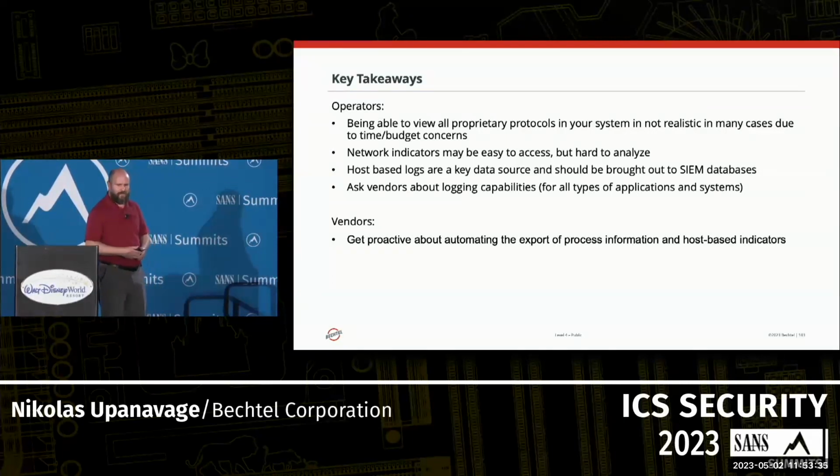So these host-based logs are really a key data source, and you should be pulling them out into a tool and using those, even if you are pulling your network traffic, as another source of truth that you can put together to have more context on what's happening.